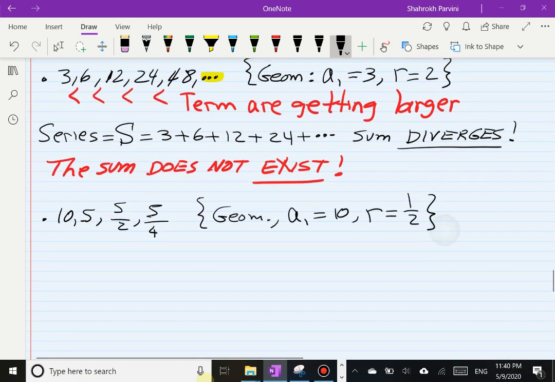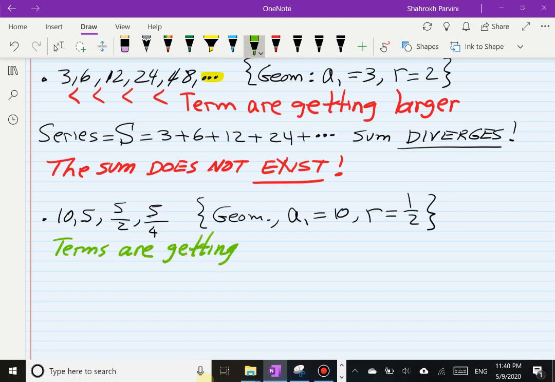Now, one thing you can notice about this sequence here is that the terms are getting smaller, right? As you go from left to right. Well, if the terms are getting smaller, each successive term is smaller than the previous term.